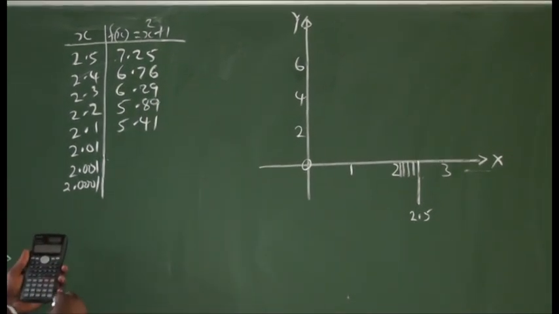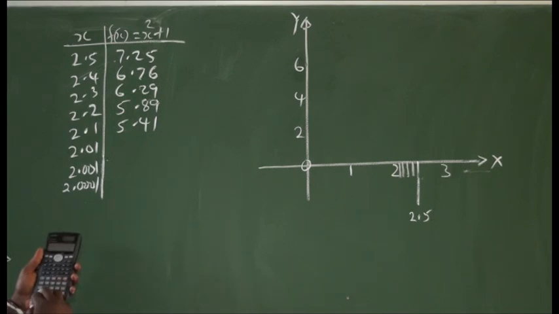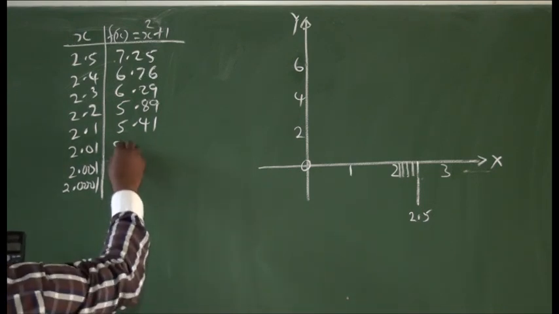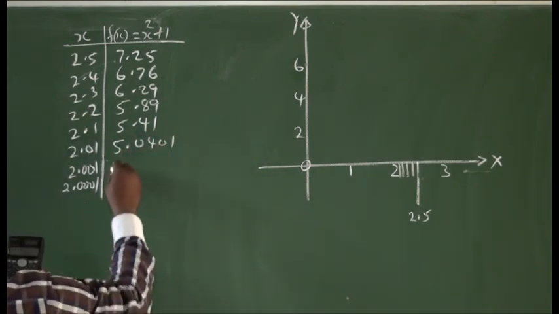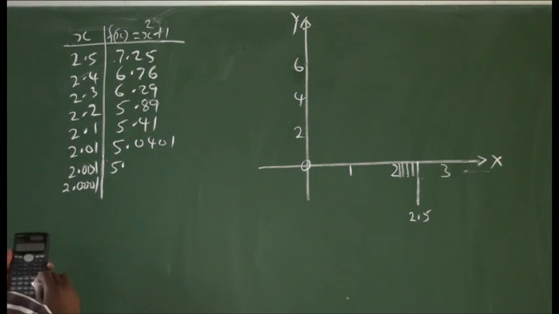Then 2.01 square plus 1 will give us 5.0401.